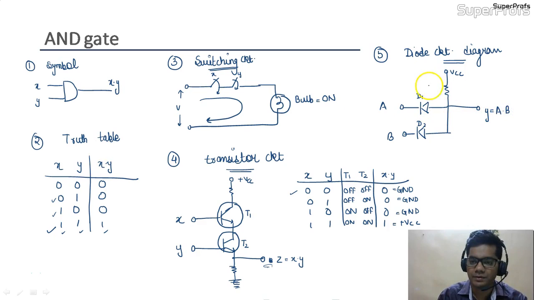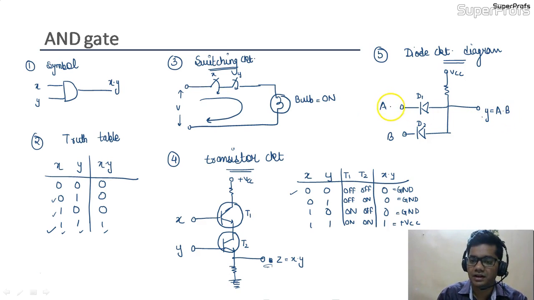From the truth table we can see that if any one of the inputs or both the inputs are in 0 condition, that means A and B are in ground condition, then D1 and D2 would be forward biased, or we can say in on condition. So the voltage level at A or B would be reflected at this point, which is Y, and the output would be the same.